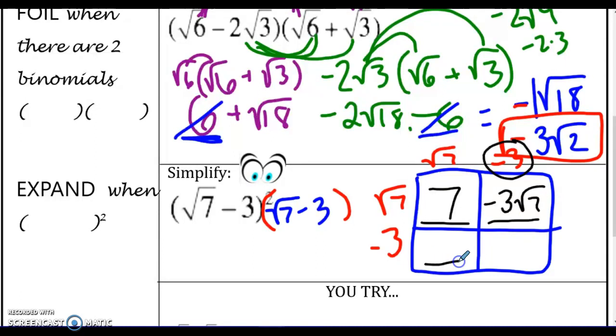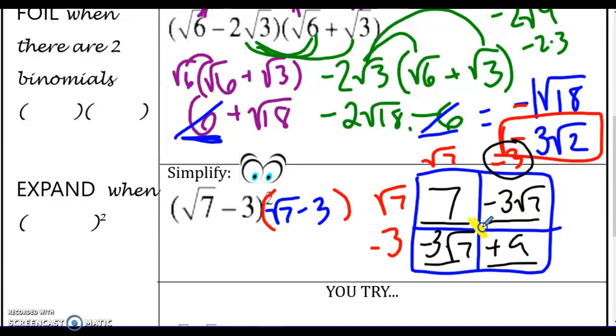Now, here, I take negative 3 times the square root of 7, which gives me negative 3 square root of 7. And then last but not least, in this corner, negative 3 times negative 3 gives me positive 9. All right, what of these things can I put together?